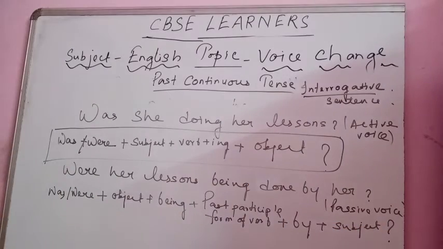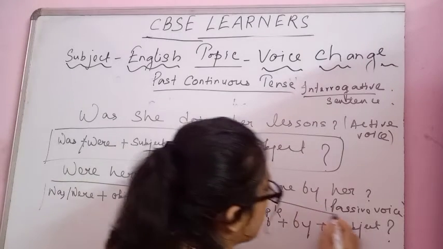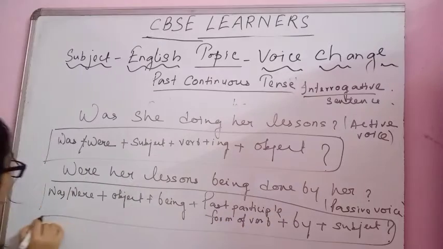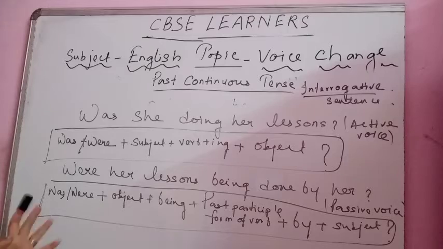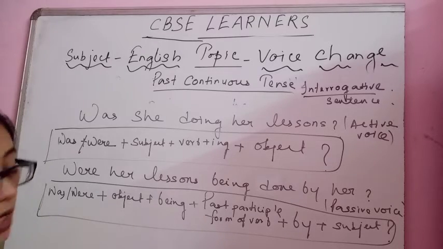So isn't it easy? I think it's very easy and you can easily construct the formulas and easily convert thousands of sentences, isn't it? So this is the formula. This one is clear to you, how to convert in case of interrogative sentence. And in case of negative we'll be using: was she not doing her lessons, and were her lessons not being done by her. So let's give that example also.